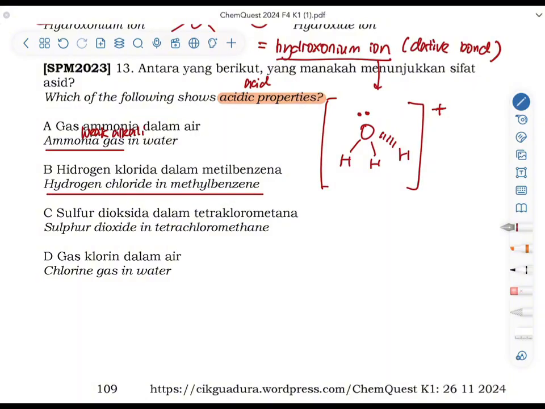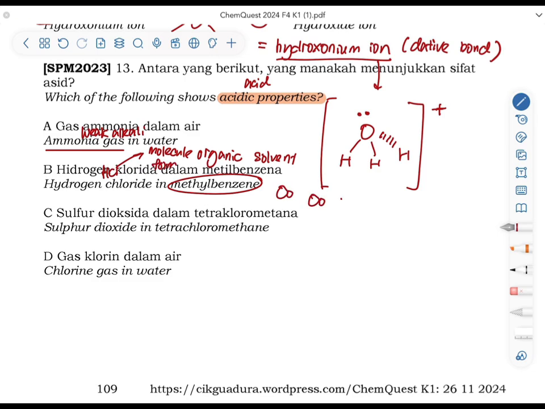Methylbenzene is an organic solvent. So when this hydrogen chloride is in the methylbenzene, it will exist in molecule form, with this kind of structure when it dissolves in the methylbenzene. So it will not give out the acidic properties.